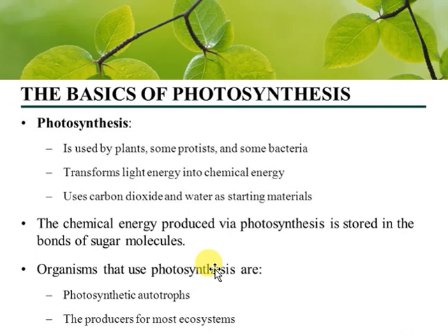In particular, of importance is what type of transformation is occurring. So in photosynthesis, you have the transformation of light energy into chemical energy. Now, the amount of energy that's transformed is dependent on the amount of light that is captured or photosynthesized.